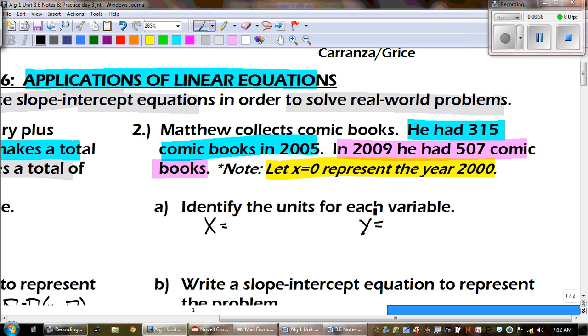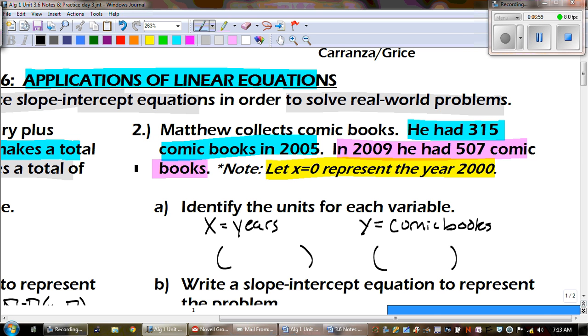Let X represent the year 2000. Right away I know that X is years because it tells us that, and Y is our comic books. As I'm getting ready to write my points, they say let X equals 0 represent the year 2000.